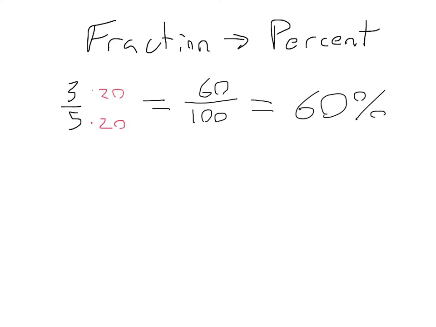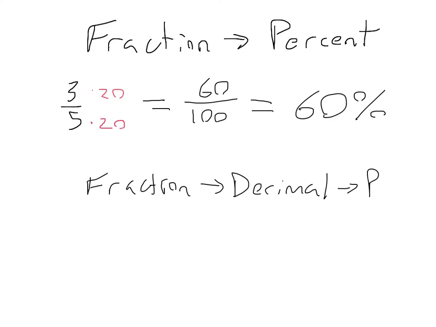Now, the longer way is you simply go fraction to decimal, and then you turn that into a percent. For example, let's take something like 7/10, which you could just multiply top and bottom by 10 and get 70 over 100, or 70%.